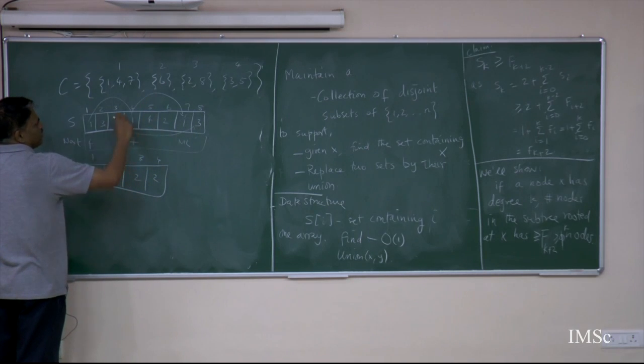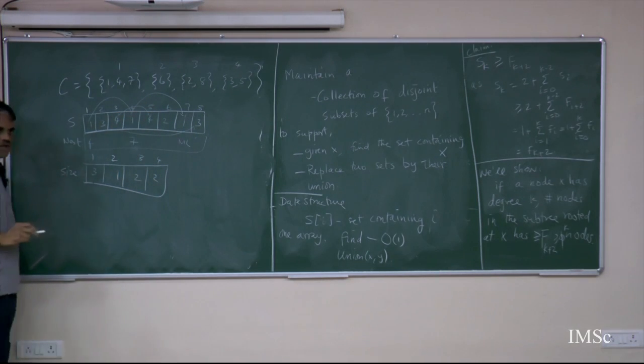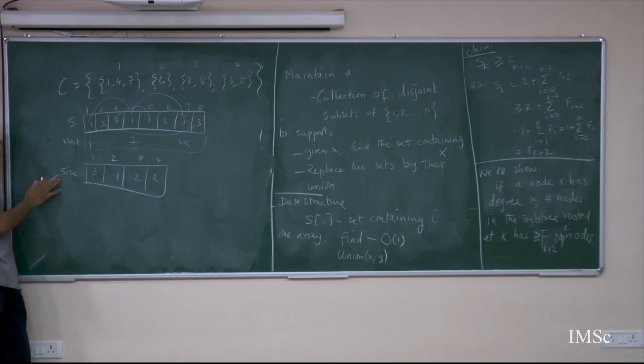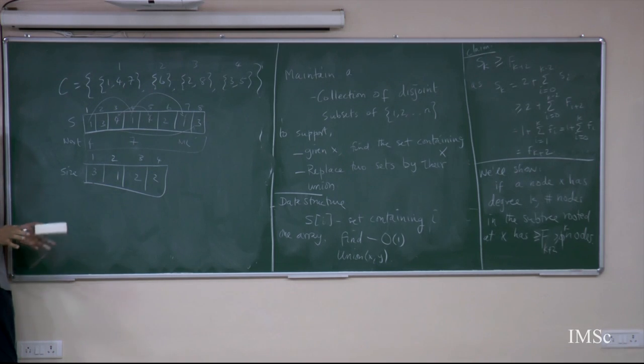For 2 there is a nil pointer, and 4 will be linked like this. If I store the next pointers, the size, and this S array, the find cost doesn't change, because you just go to S of x and get the answer in constant time. But now if I want to merge two sets, you can spend time proportional to the smaller set size.